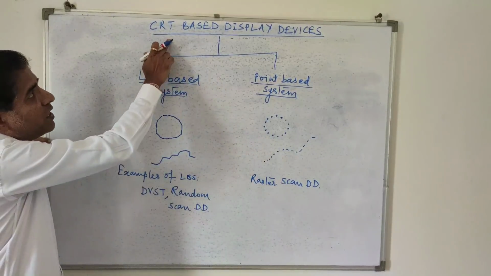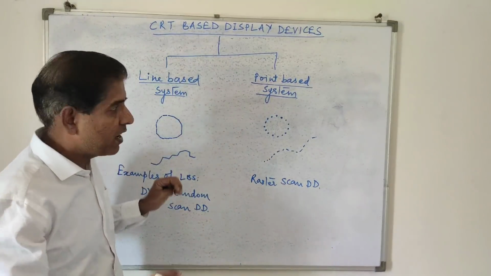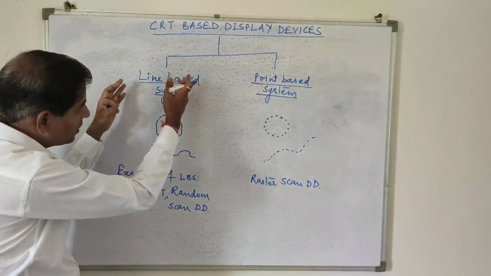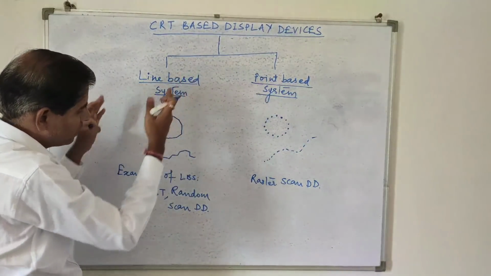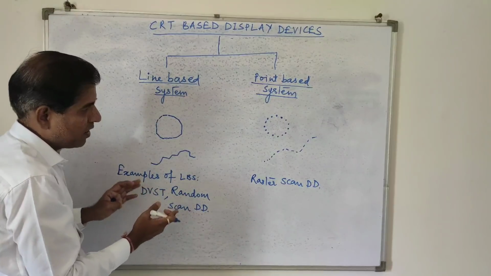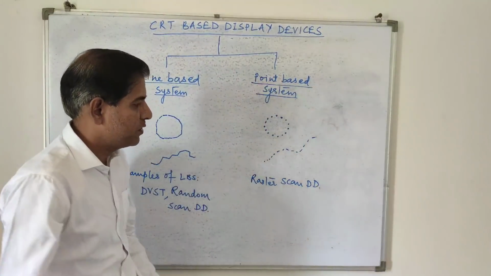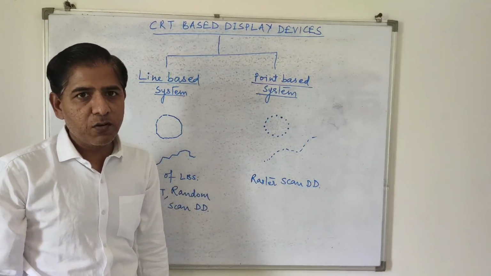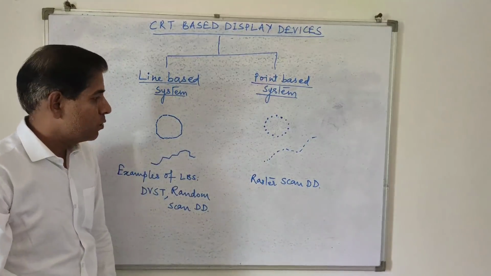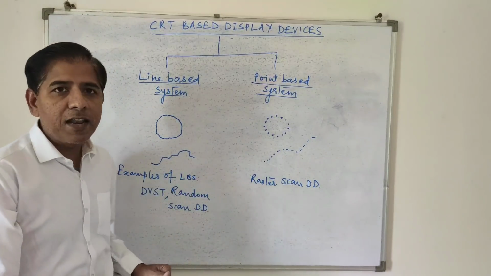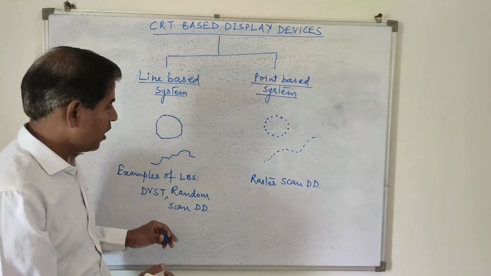So the CRT based display devices are categorized into two categories, line based system and point based system. Examples of line based systems are DVST and random scan, and the example of point based system is raster scan display device. Hope you understand this line based system and point based system.